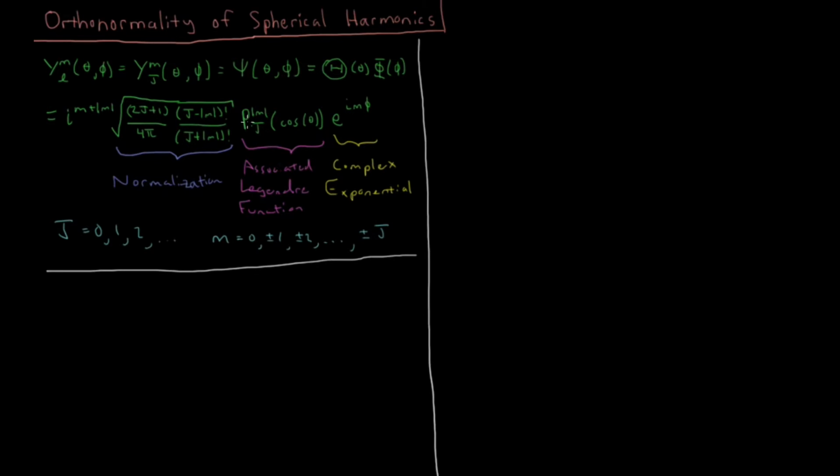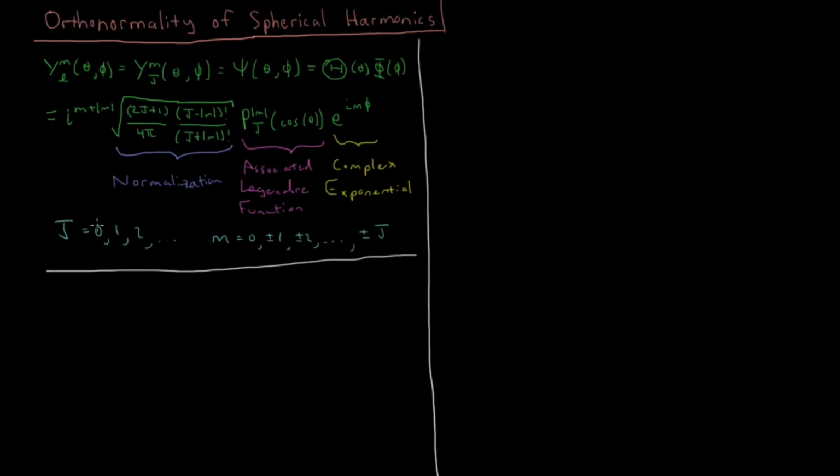So you can look up the associated Legendre function to see what its value is for a given j and m, plug in cosine theta where it has x, and then there is our complex exponential e to the i m phi, which we know can be expressed as just sines and cosines in the real and imaginary planes. And this quantum number j is some integer, starts at 0, goes up from there. Within a given value of j, m can take on all integer values between minus j and plus j.